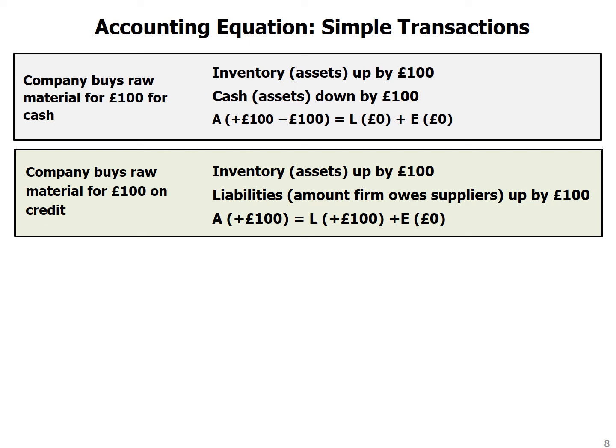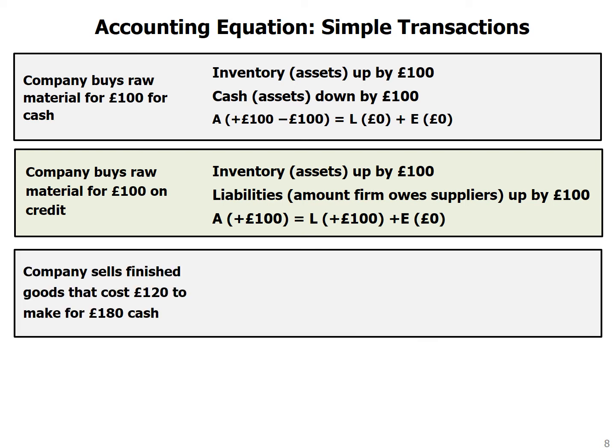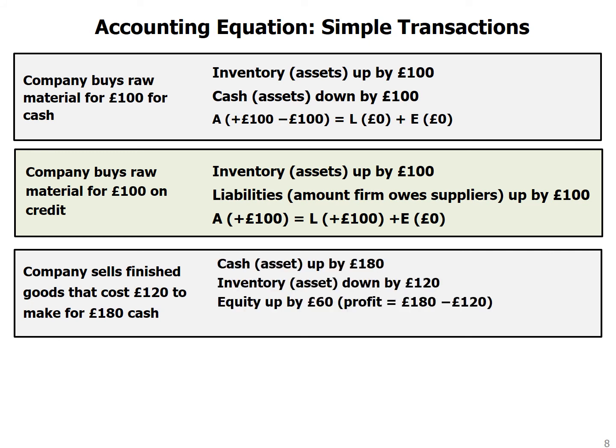Let's take another example. A company selling finished goods that cost £120 to make, for £180. And we'll do the first one with cash and the second one on credit. So a company sells finished goods, costing £120 to make, for £180 in cash. So the first thing we're going to do is receive the cash. So cash is up by £180.